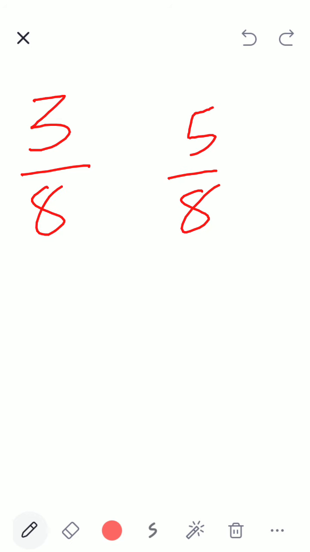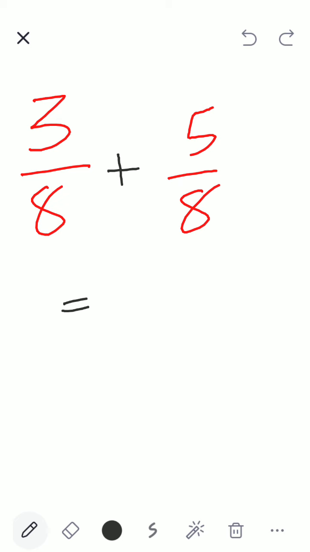Suppose I give you the fractions 3 by 8 and 5 by 8, and I tell you to add them. First thing you have to see is whether they are like or unlike fractions.